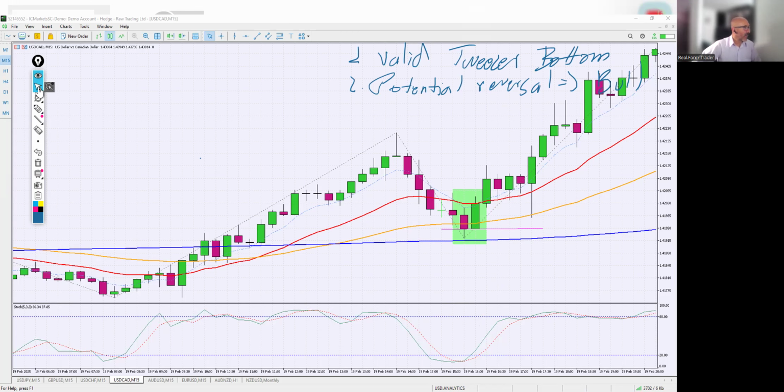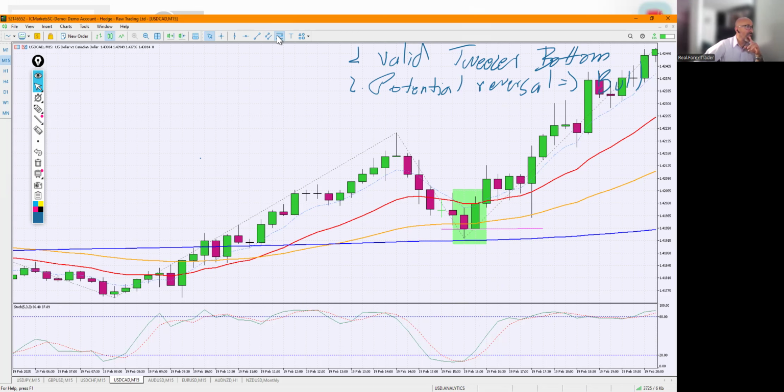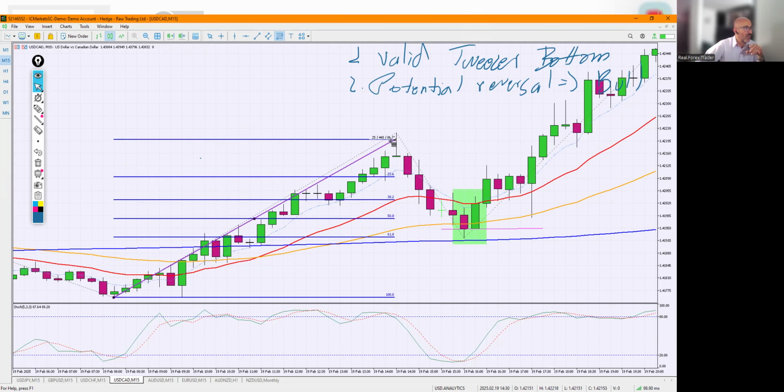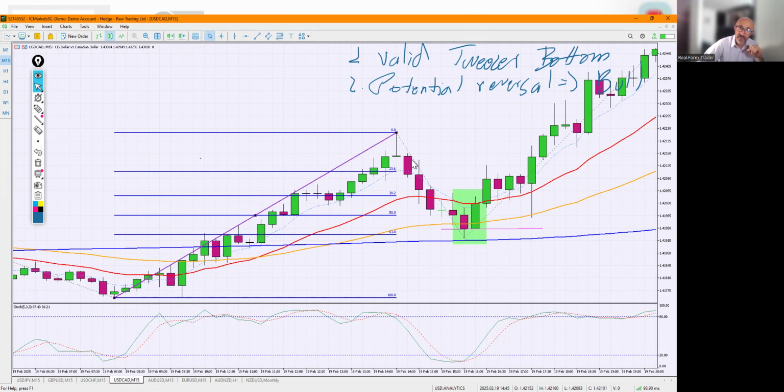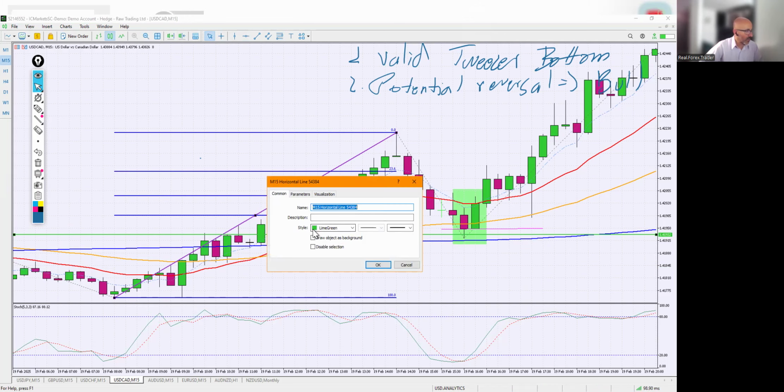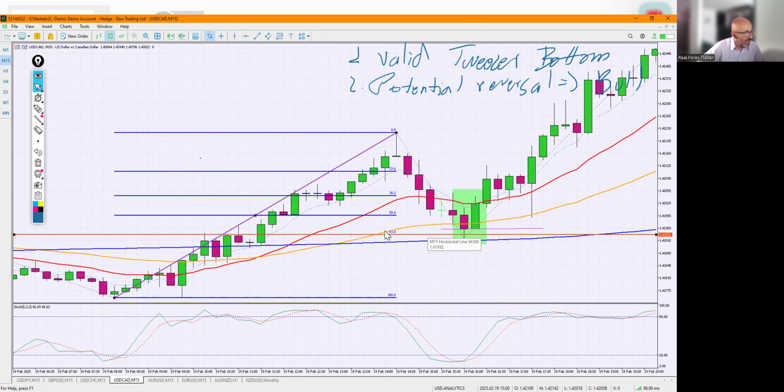Okay. And now we can identify two other things. This pattern is very interesting to be also analyzed along with Fibonacci's. In this case, I always use my Fibonacci retracements. And curiously enough, you can find that the wick of the bear candle found support at the 61.8 Fibonacci level.